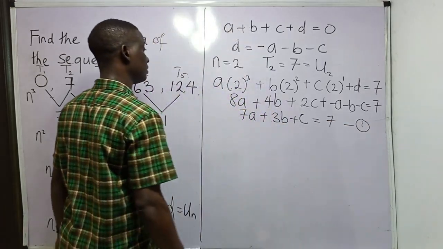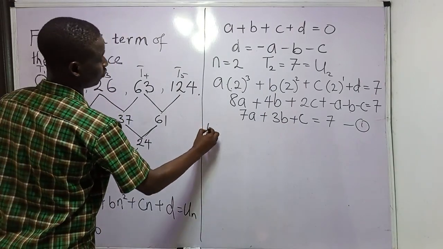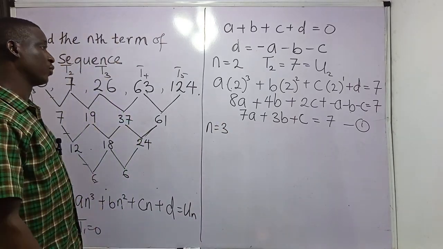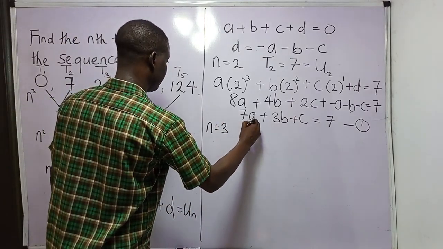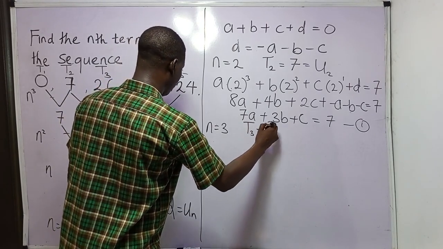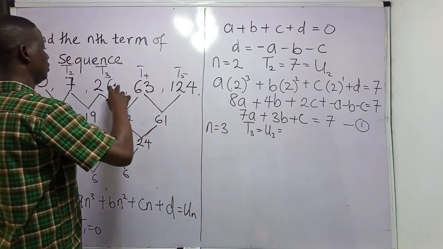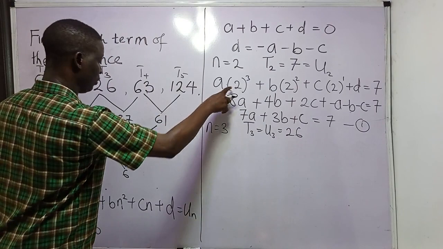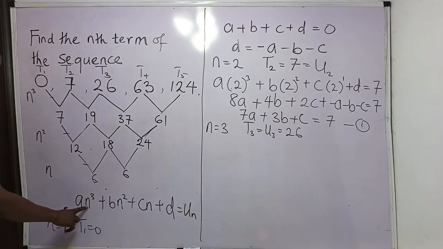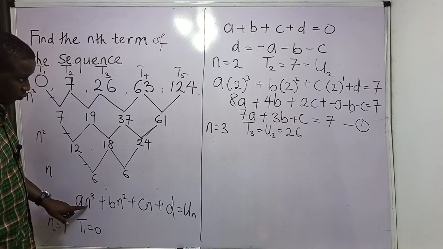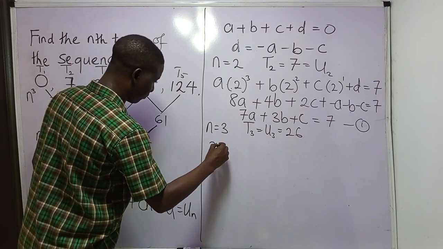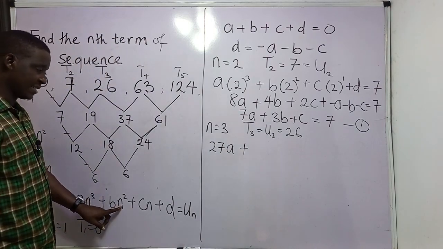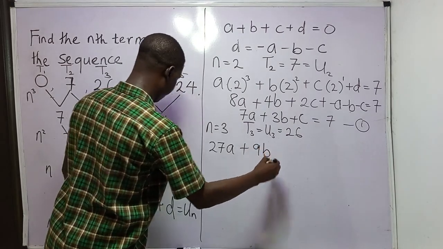Question 1. Let's go to 1. So when n equals 3, what is our t3, or u3? u3 is 26. So instead of 2, now into this equation we put 3. If you put 3 cube here, we are going to have 27a. 3 squared is 9, 9b.